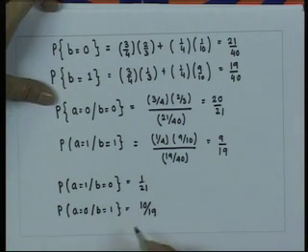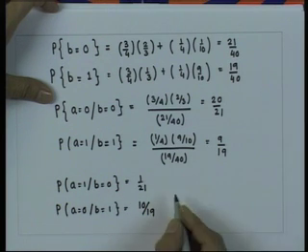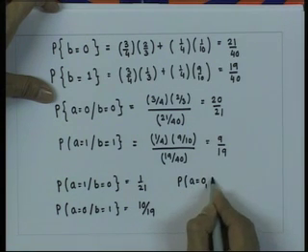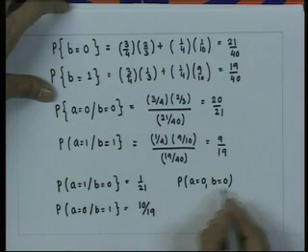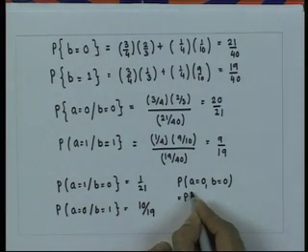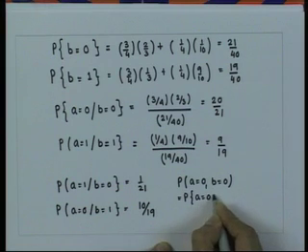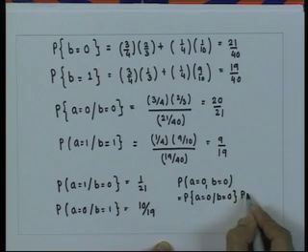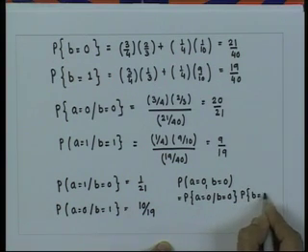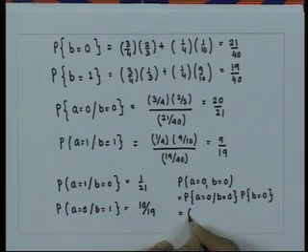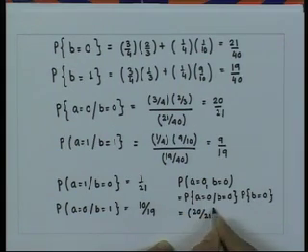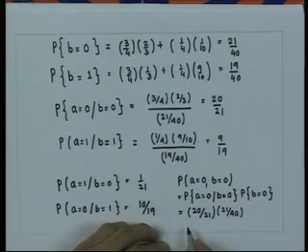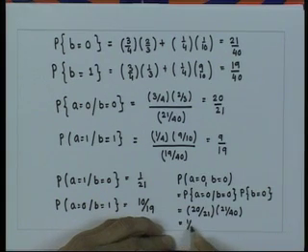If you are interested in calculating the probability of various joint events, then we can calculate the probability of A equal to 0, B equal to 0 as probability of A equal to 0 given B equal to 0 multiplied by probability of B equal to 0, and this is equal to 20 by 21 multiplied by 21 by 40. So, this is equal to half.